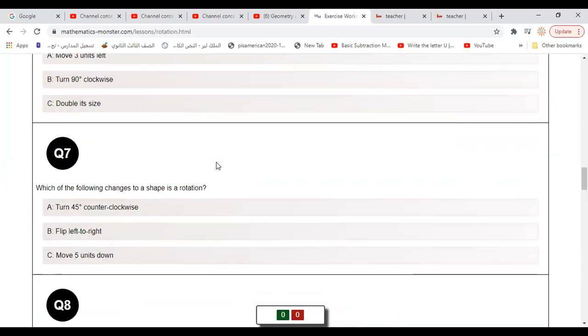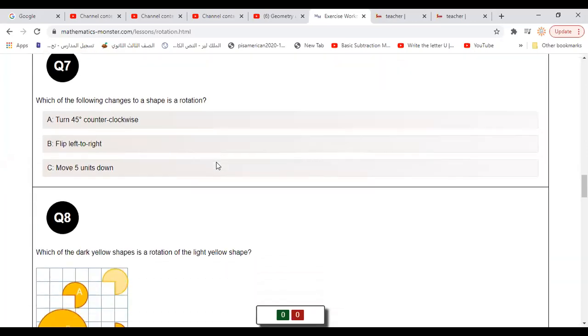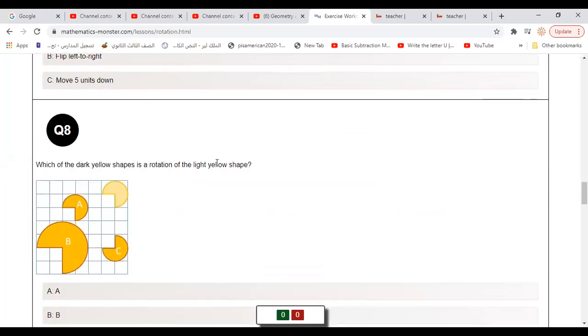Next, which of the following changes the shape in a rotation? Turn. A. Very good. Next question. Which of the dark yellow shapes is a rotation of the light yellow shape? C. Yes, C.